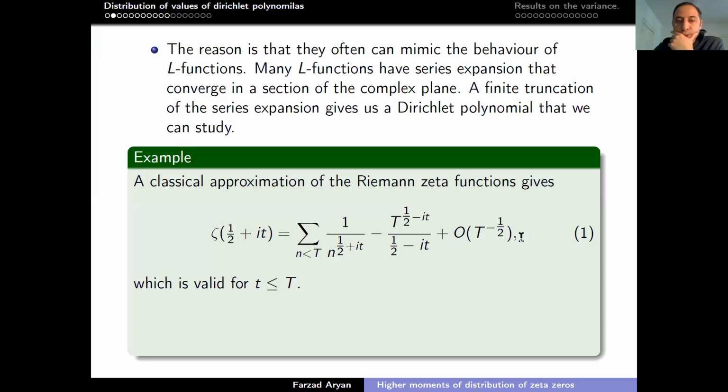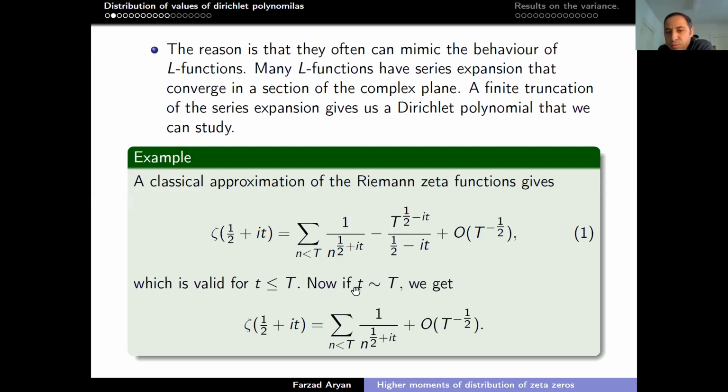For example, look at the zeta function. There's this classical approximation of it. Zeta of 1/2 plus it is this finite sum here, minus these two terms, which are basically an error term. It is small if this little t is around the size of t.